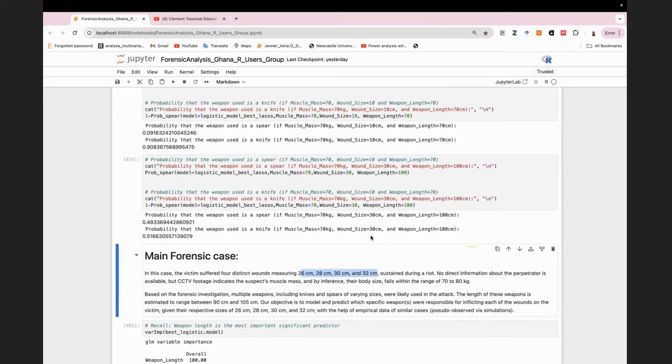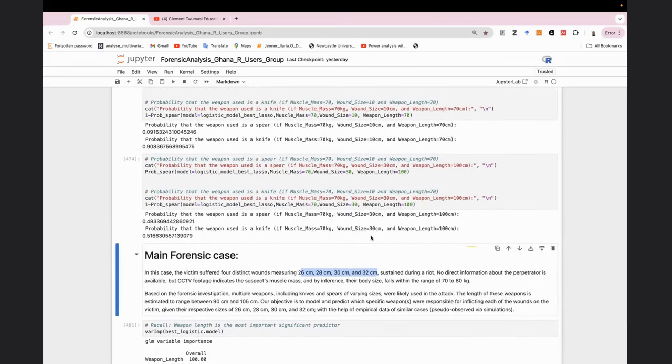We know there are 3 important predictors: muscle mass, the size of the wound, and the weapon length. These are the important predictors that, once we know them, are sufficient to conclude the weapon type. And that is what the logistic regression told us.